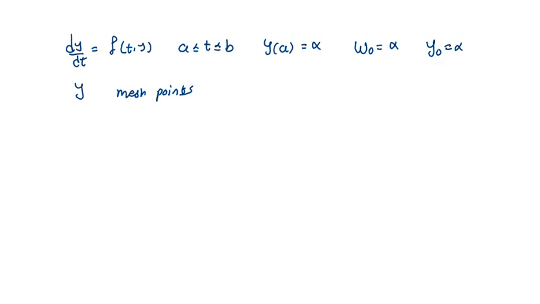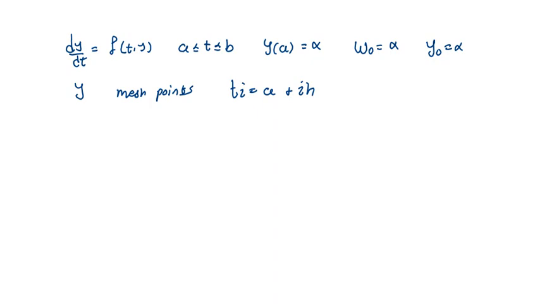Having done that, you're going to make an assumption that those mesh points are evenly distributed, such that we're going to use the letter t sub i being equal to a, which is your first point, plus i times h. Usually the value of h you are given in a question. If you're not given, this is how you can determine the value of h.